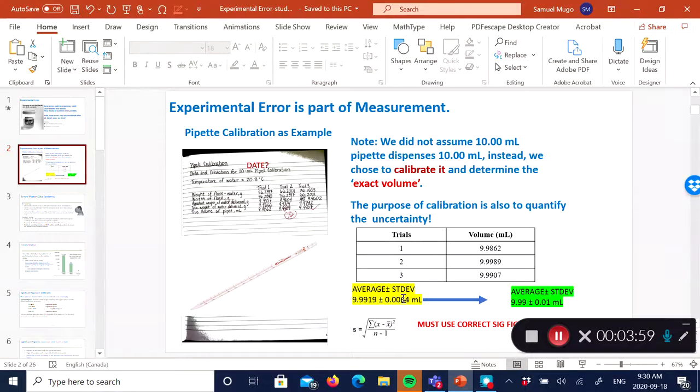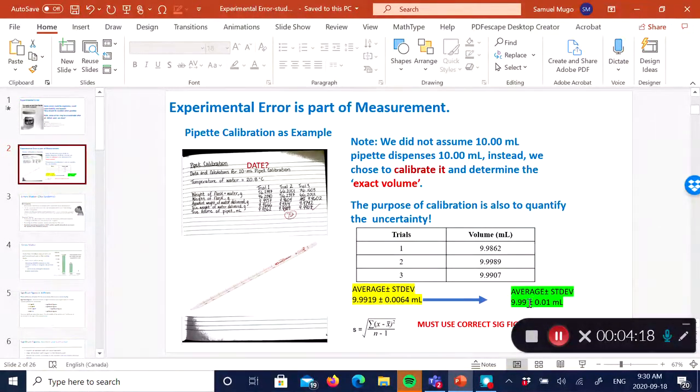And so the way we do it is, the first uncertain number becomes your last significant figure in your average. So in this case then, I'm going to round this off to 0.01.